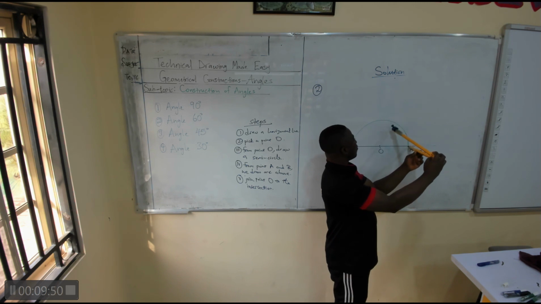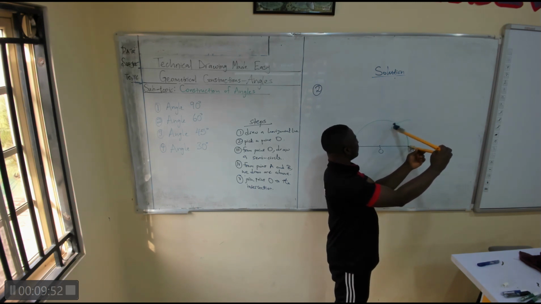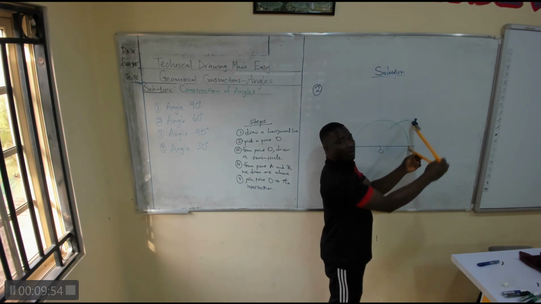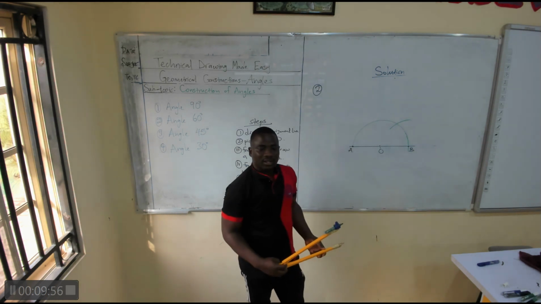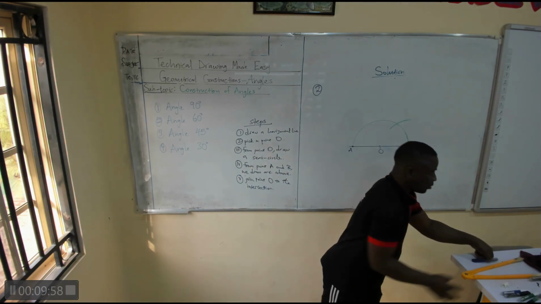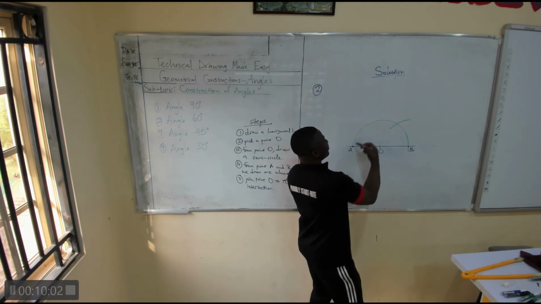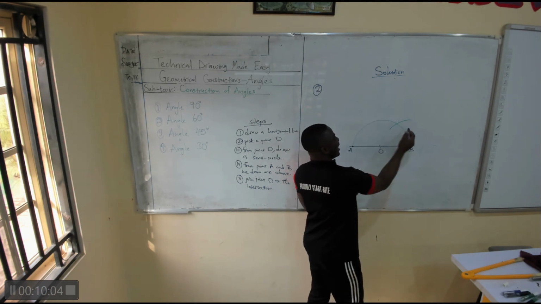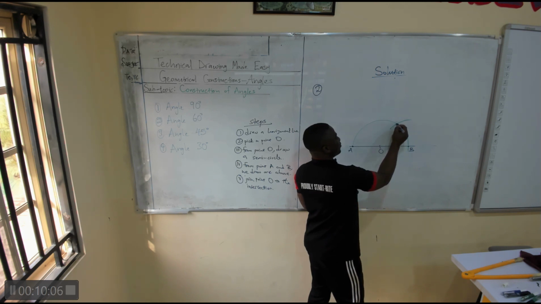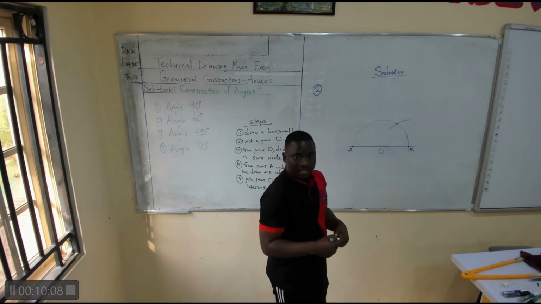Can you see it now? Then you cut an arc on the semicircle like this. Good. So you locate the point of intersection between the semicircle and the arc you have cut from B. So this is the point. Can you see that now?